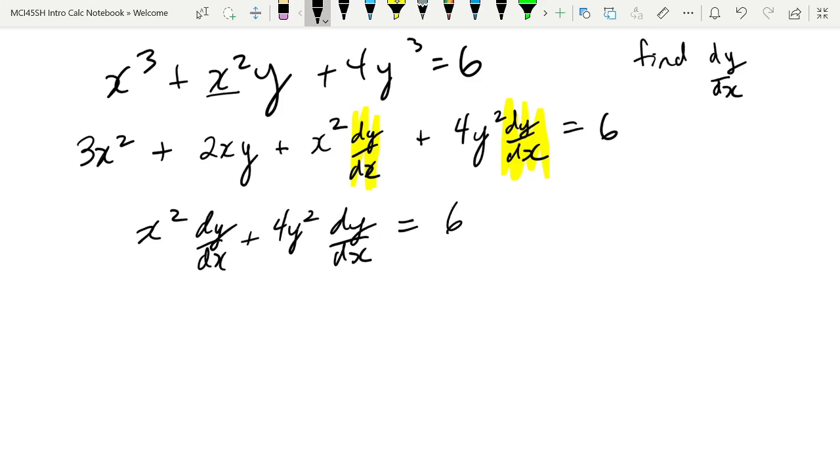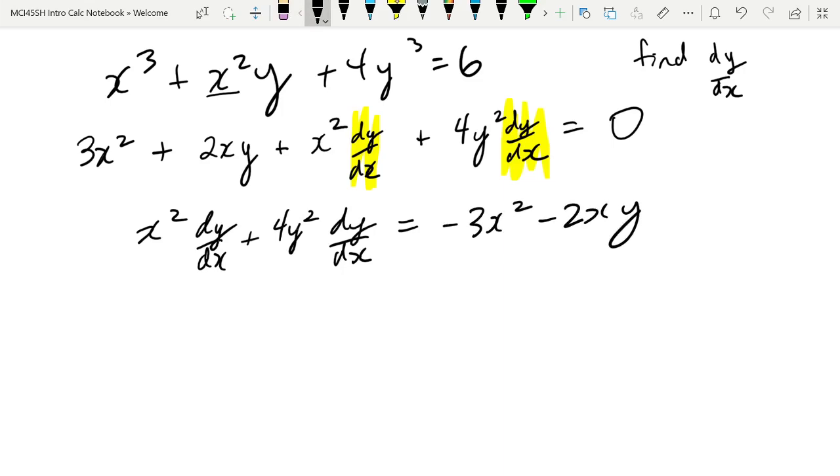So that's going to be, oh, sorry, I just made a mistake. What's the derivative of 6? 0. That's better. Sorry about that. Okay, so, and of course, I moved the other things over, right? So that's going to be negative 3x squared and negative 2xy. There we go.